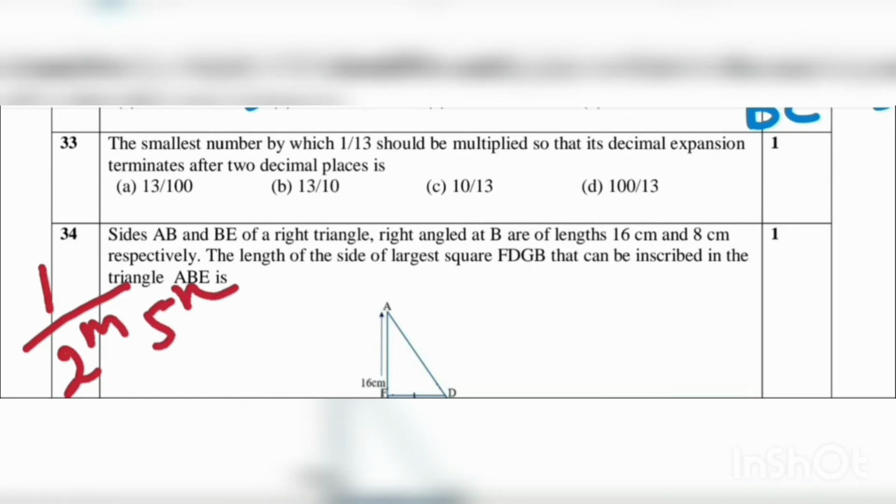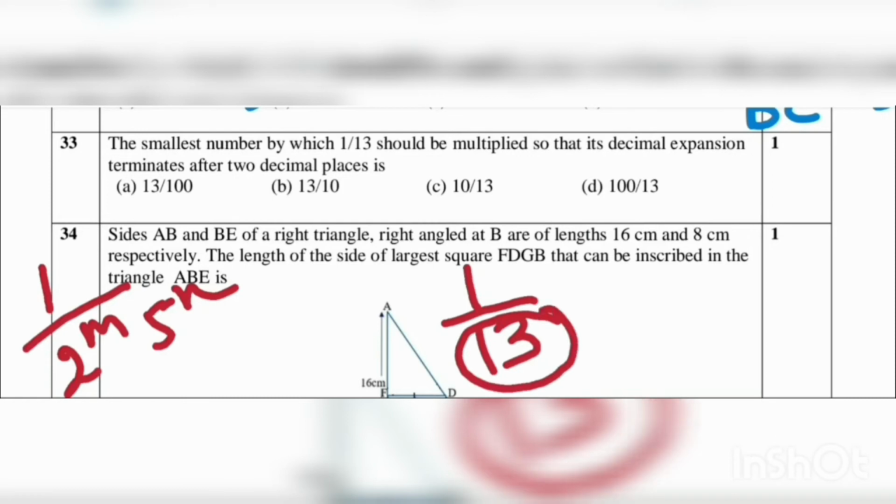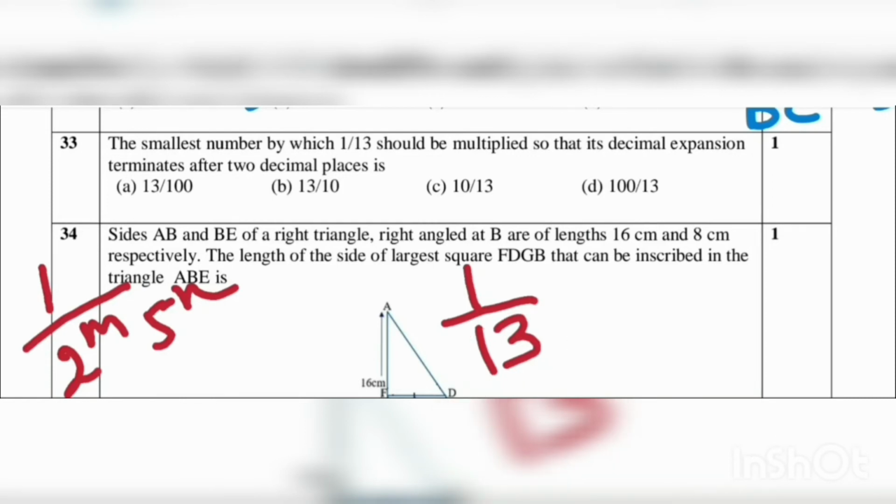Now 1 by 13, it doesn't have 2 and 5. It has 13. First of all, we shouldn't have 13. Then only it will become terminating decimal. To remove 13, we should multiply in the numerator by 13. And in denominator, we can have any number which has 2 and 5 as the prime factors.